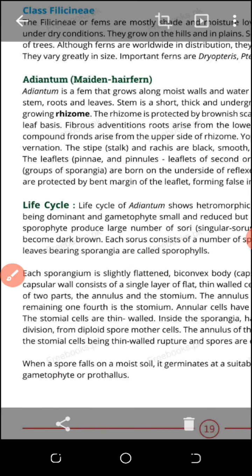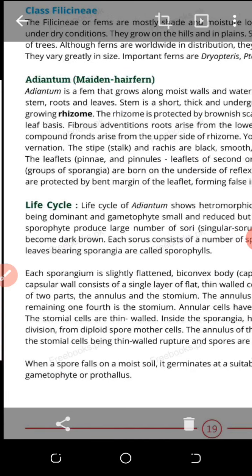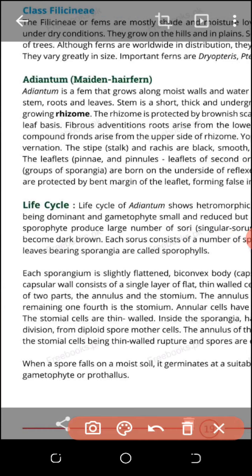in the Bryophyta, was giving the food to the sporophyte in Bryophyta. Here the main plant is sporophyte, meaning stem, root, leaf, and the much reduced plant is the gametophyte. So it means that the difference between Bryophyta and the Filicinae is that one is a less developed group, one is a more highly developed group.